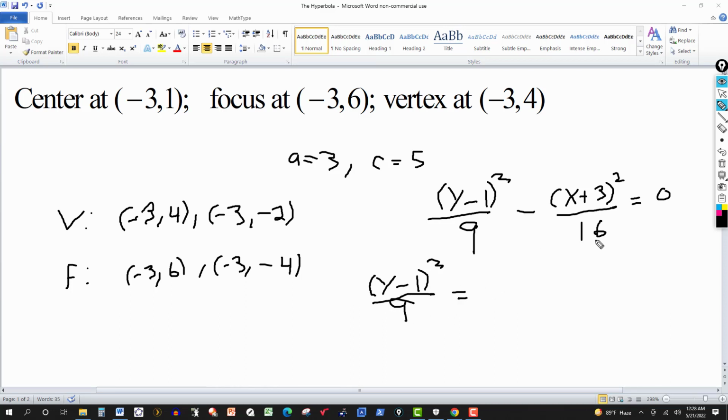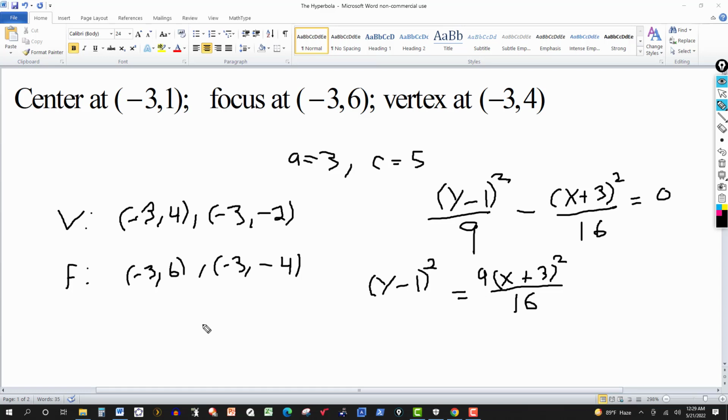And then we just take this term to the other side, and we get this over 16. Then we multiply both sides by 9, so this cancels the 9 here, and the 9 will be over on this side. So this is just going to be (y minus 1) squared. And then we solve this for y.